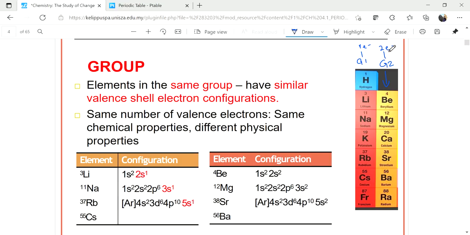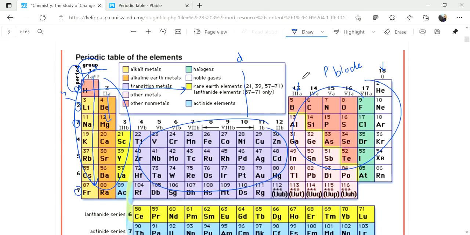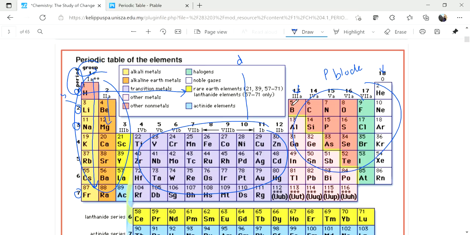And the list goes on. In group 13, the valence electron is 3. In group 14, the valence electron is 4. And group 15, the valence electron is 5, and so on.